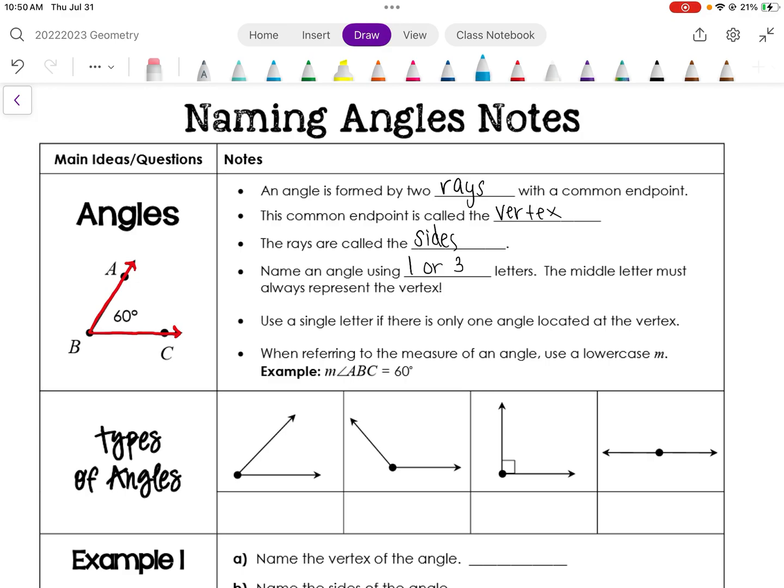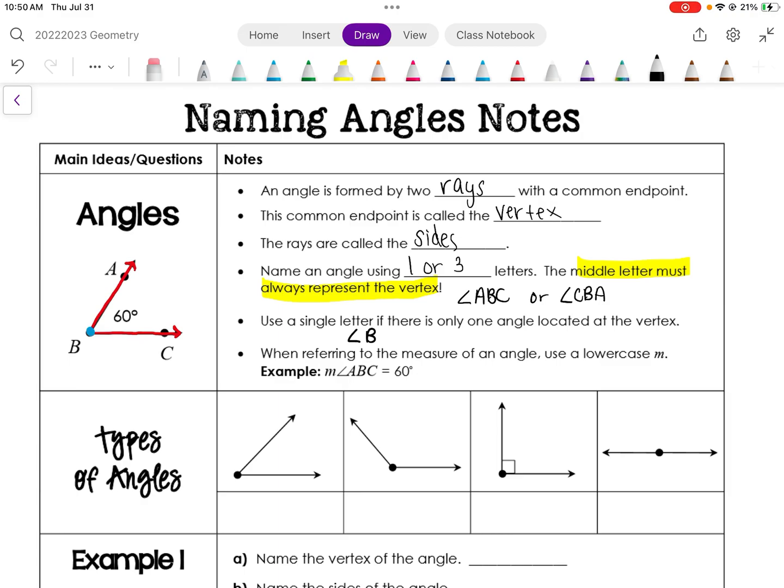There's only one angle at vertex B. So that means I could call this angle B if I wanted to, just because that's really simple. If I say angle B, I know exactly what you're talking about in this diagram. I could also name it using 3 letters as long as the middle letter is the vertex. So I could name it angle ABC, because B is my vertex. Or I could actually go the other way, which seems silly, but I could call it angle CBA too if I wanted to, as long as B's in the middle.